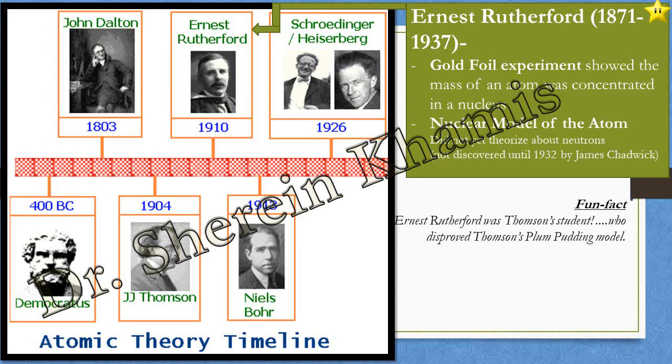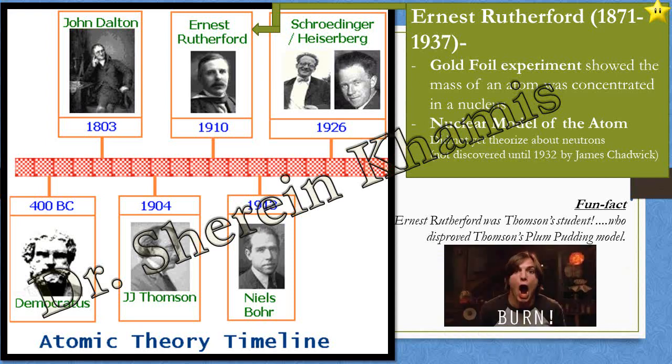Although Ernest Rutherford was Thomson's student, he disproved the Thomson plum pudding model. He refused all the things that Thomson said about the atom. And it's a shock for us, and we are going to illustrate what happened in Rutherford's nuclear model of the atom.